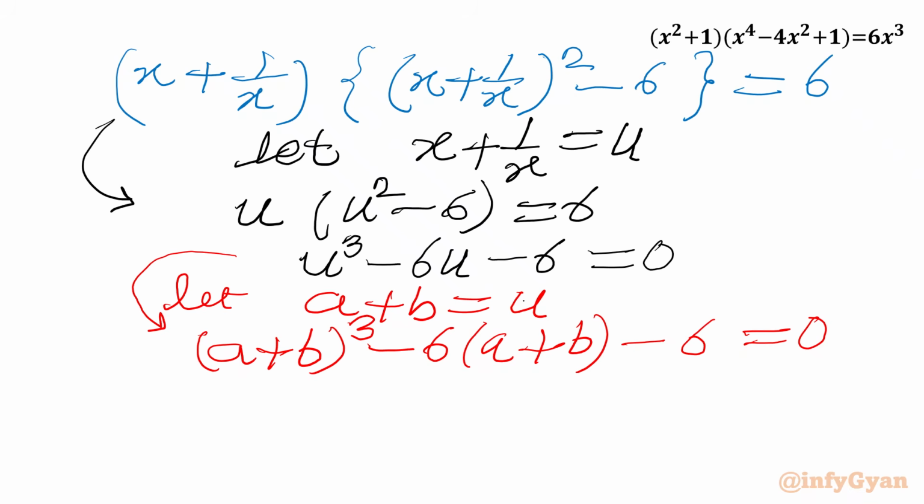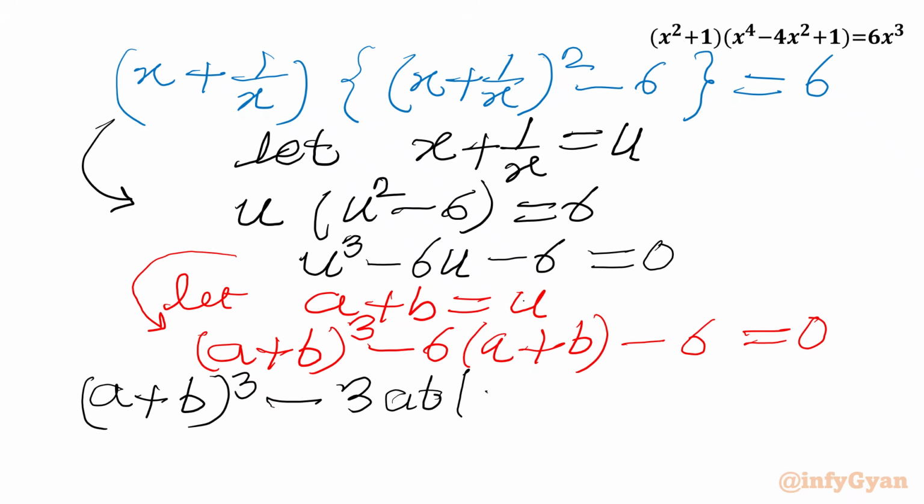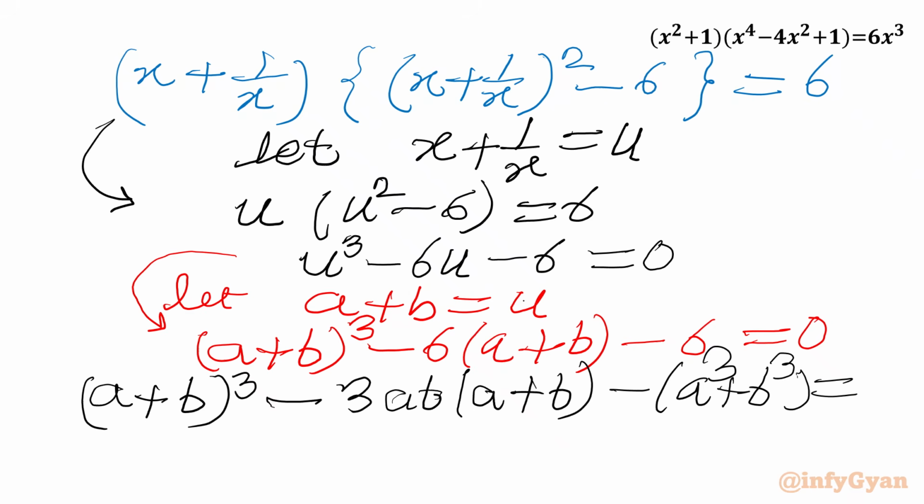Now we are going to use one algebraic identity: a plus b whole cube equals a cube plus b cube plus 3ab times a plus b. If we expand a plus b whole cube, then we will get RHS 0.